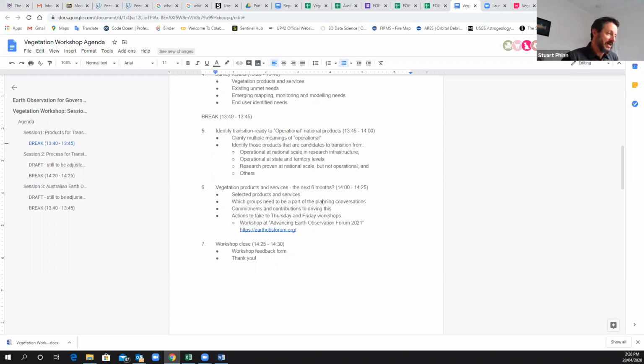And then lastly, we were planning to have a follow-up integrative workshop on all of this in September this year at the first Advancing Earth Observation Forum in Brisbane, a new national Australian meeting, but we've just taken the decision to postpone that to next year in August.